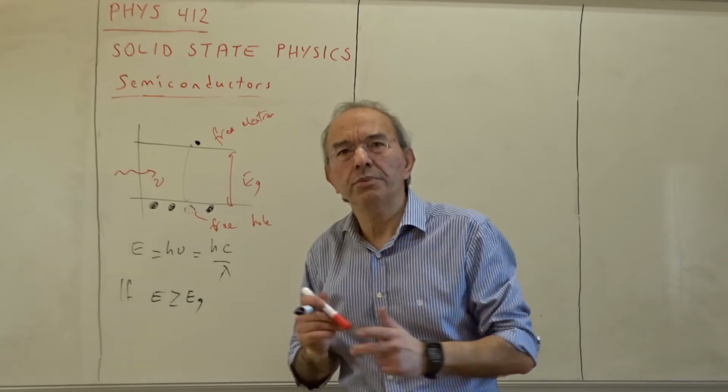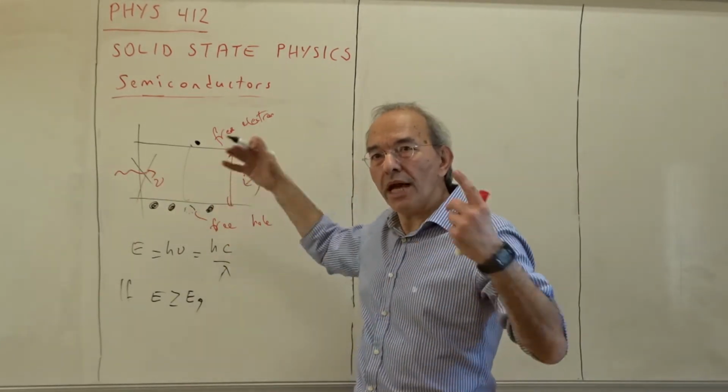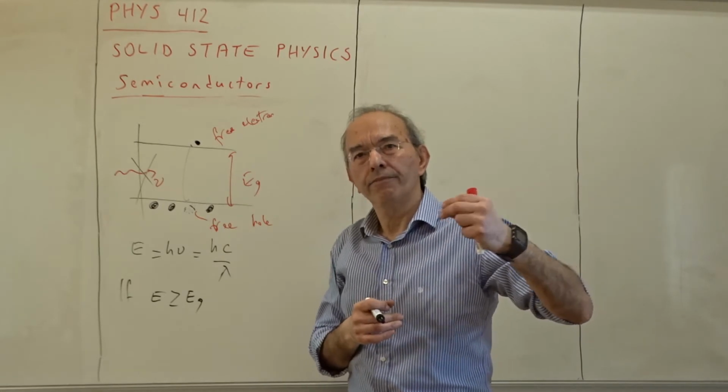And the photon disappears. But now we have an electron hole pair.